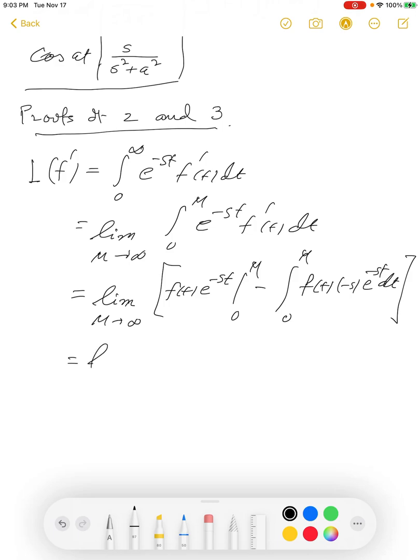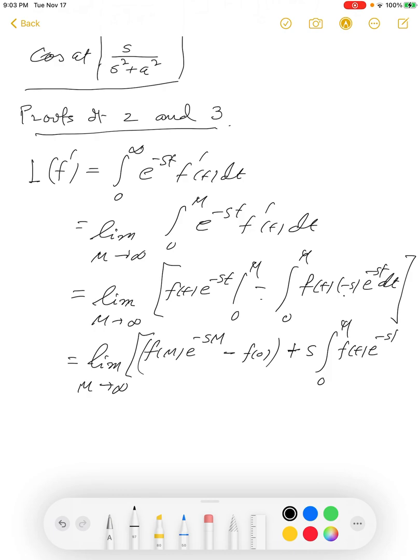So this is going to give you the limit as m tends to infinity. The value at m is going to be f(m) e to the minus sm, minus the value at 0, which will be f of 0, minus this minus, and that minus gives you plus s times the integral from 0 to m of f(t) e to the minus st dt.